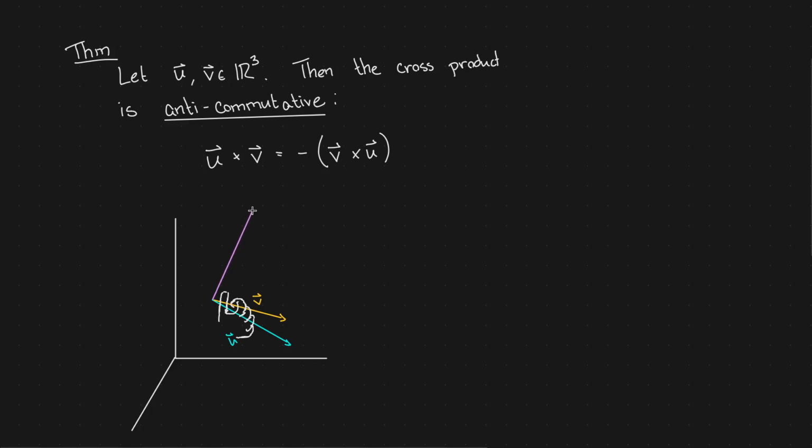So in this case, it will be going up. And it would be orthogonal to both vectors u and v. If your fingers instead went through v first and then u, your thumb would be pointing down. In that case, your thumb would be pointing the other direction, and that would be v cross u, because your fingers would be going through vector v first.